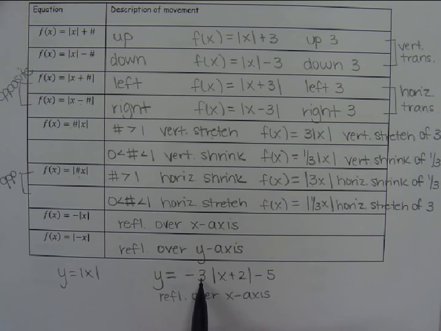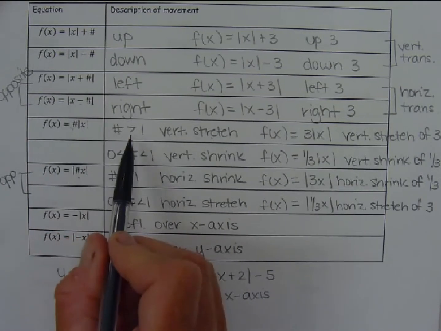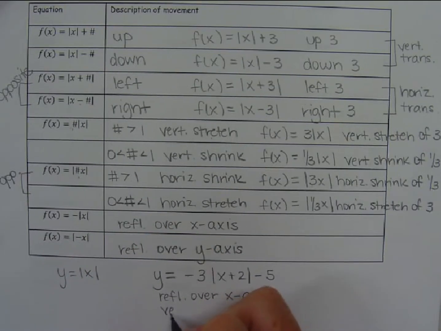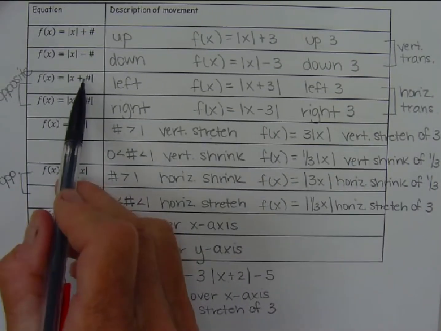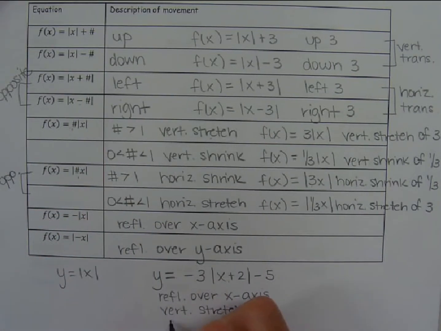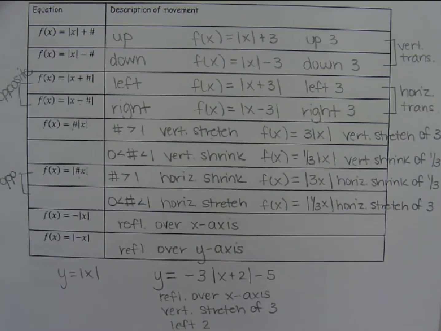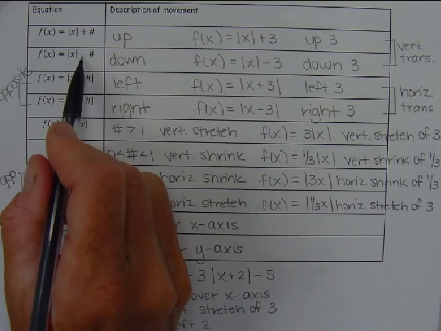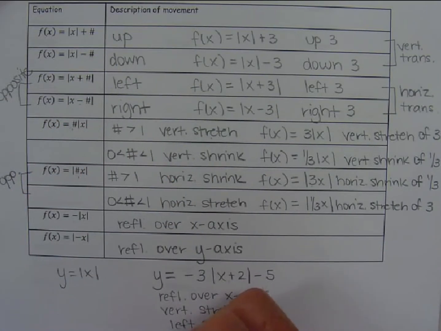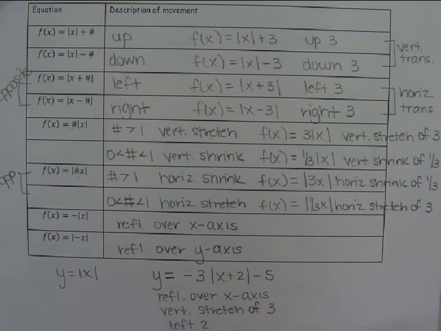Then there's a 3 out front. A 3 out front, it's greater than 1, so that means there is a vertical stretch of 3. The +2 inside means it's moved left, so this is left 2, or a horizontal translation left 2. And then the -5 out back means down, so this is moved down 5.